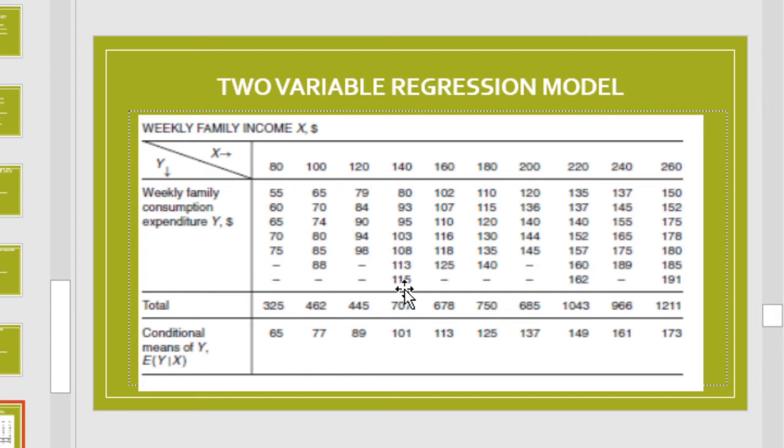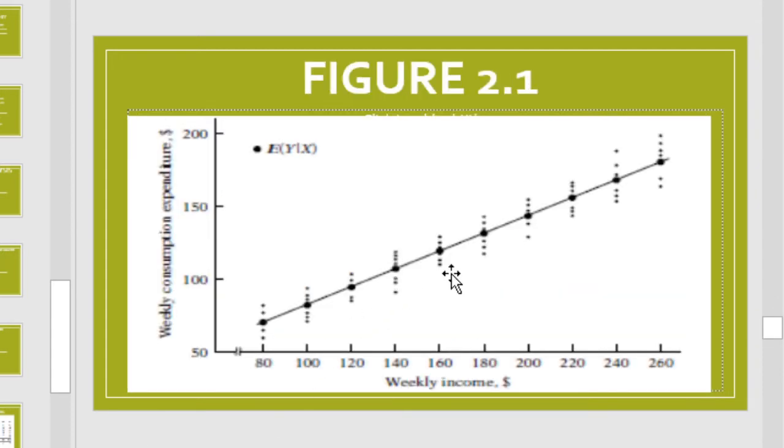Here is a total population of 60 families, and weekly family income is the independent variable, weekly consumption expenditure is the dependent variable, and the family income is fixed, and in accordance with the fixed income various consumption expenditures are given, and the diagrammatic representation is given in the figure.